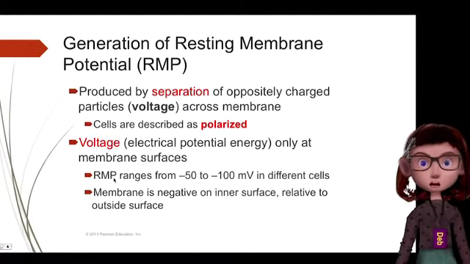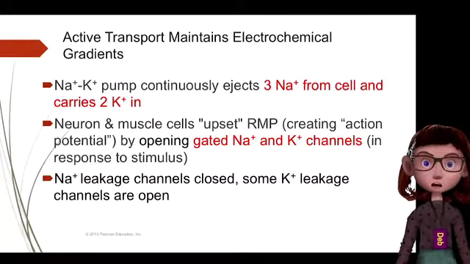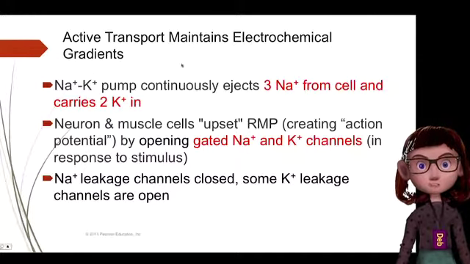The resting membrane potential of cells will range from -50 to -100 millivolts in different cells. The membrane will be negative on the inner surface relative to the outer surface. So what maintains this? The active transport of the sodium and potassium ions is going to maintain the electrochemical gradients.